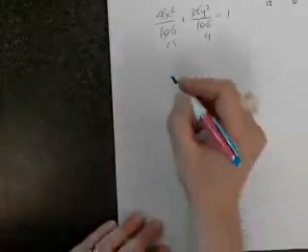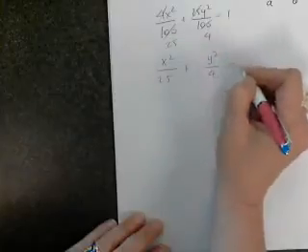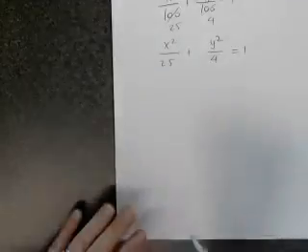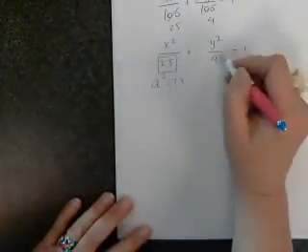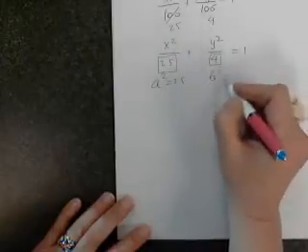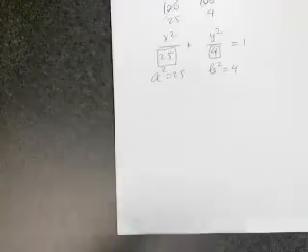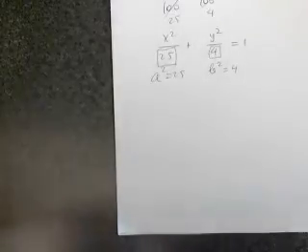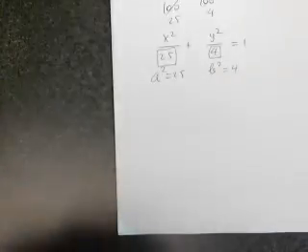So the new equation is x squared over 25 plus y squared over 4 equals 1. Since this is a squared and this is b squared, can anyone tell us whether this ellipse will have the major axis on the x-axis or the major axis on the y-axis?